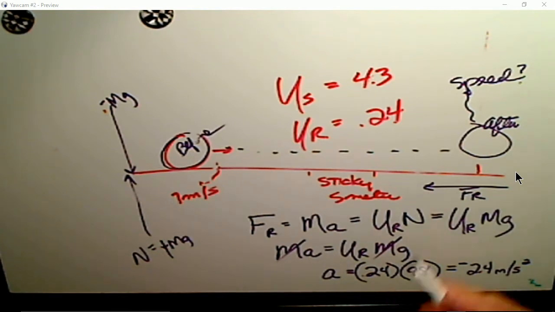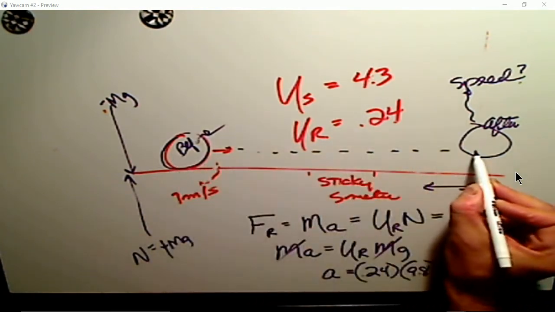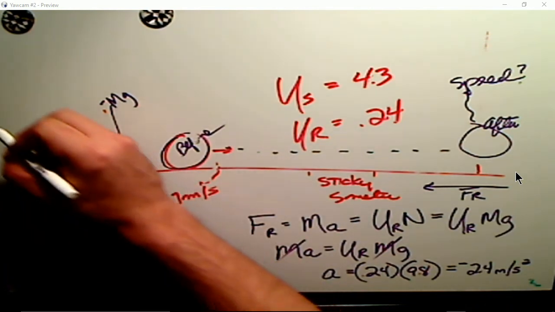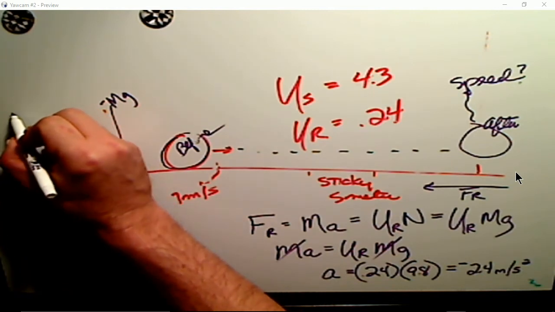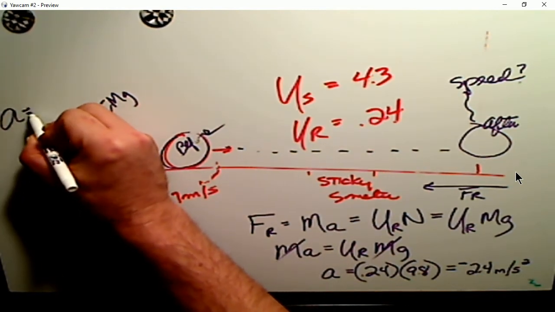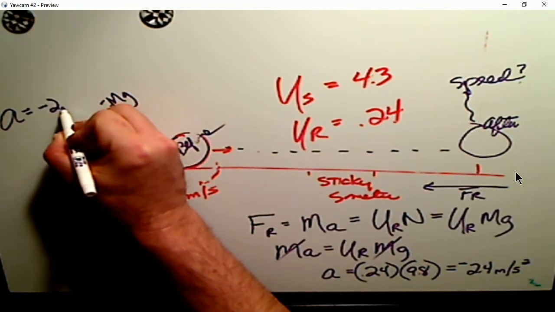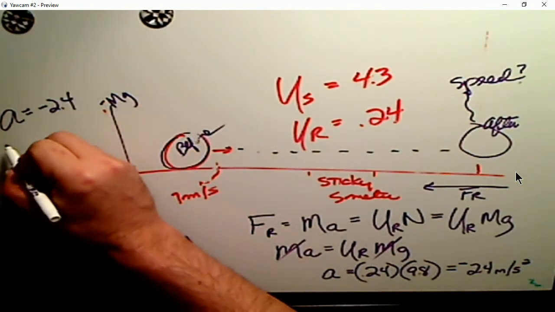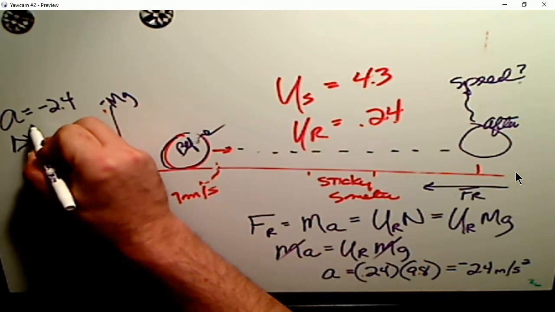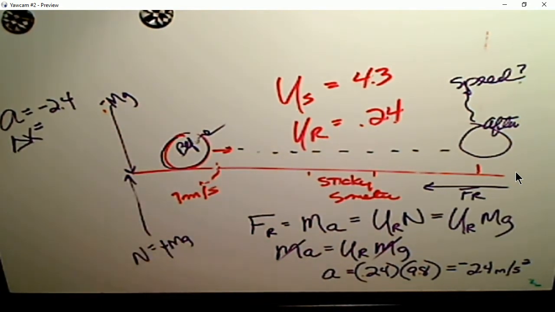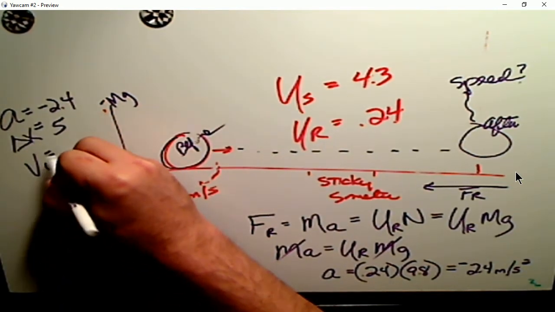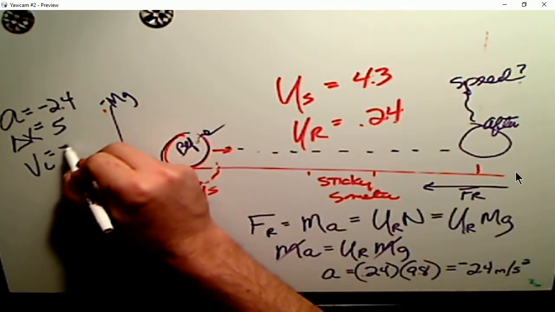It is opposing whatever force had that going. Given that, now I know acceleration is equal to negative 2.4, and I know the change of distance is 5 meters, and the initial velocity is equal to 7.